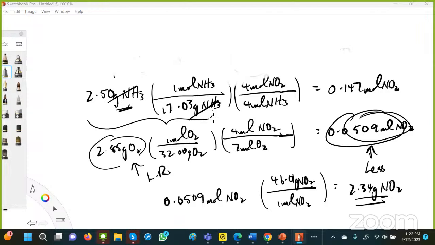Let's start off with that first. The question is asking how much of the ammonia remains. In order for us to calculate that, we need to calculate how much of the ammonia reacted, and then we subtract it from the original amount of ammonia to find out how much remains, right? So my question to you is, how do we determine the amount of ammonia reacting?